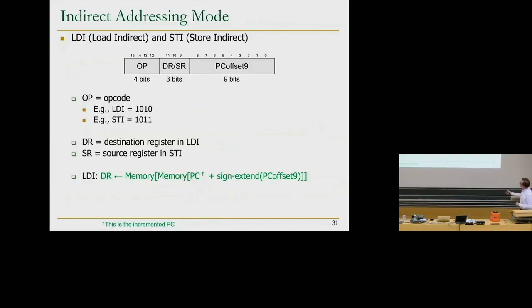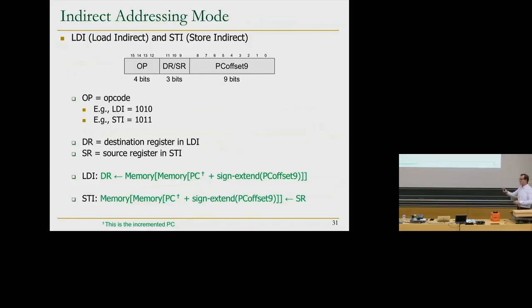You first calculate the address as we did with load, PC plus sign-extended PC offset 9. Go to that memory location, take the 16-bit value. Now don't load that directly into the destination register, but treat that value as an address and go to memory again. And now when you access memory with that address, get the value in that location and put it into the destination register. So that's the idea over here.